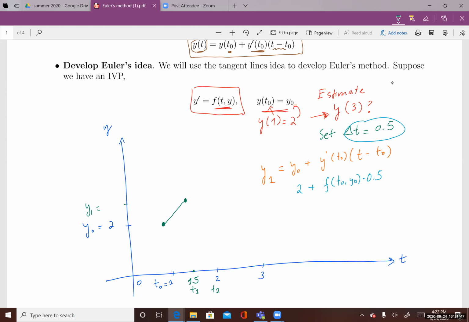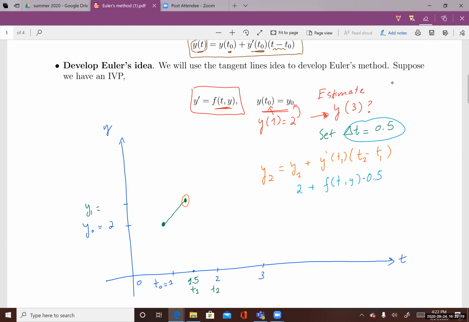Now, let's see, I'm gonna delete this. You know what I'm gonna do, right? y2 equals y1 plus y prime of t1, y1, times t2 minus t1. And then here, y1 at this point is the point that I already found.